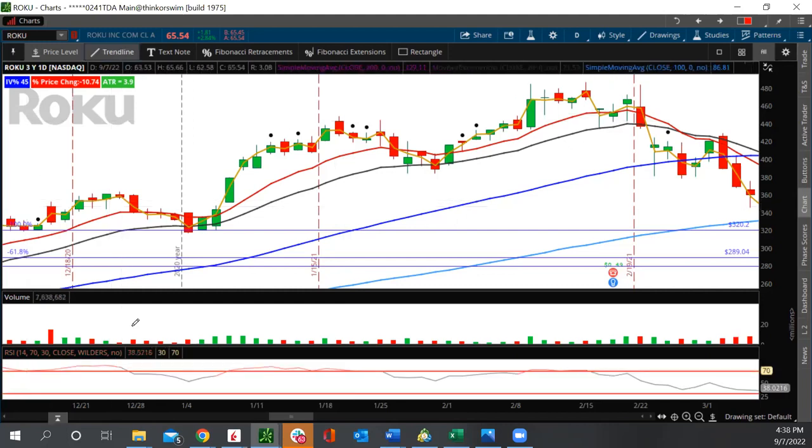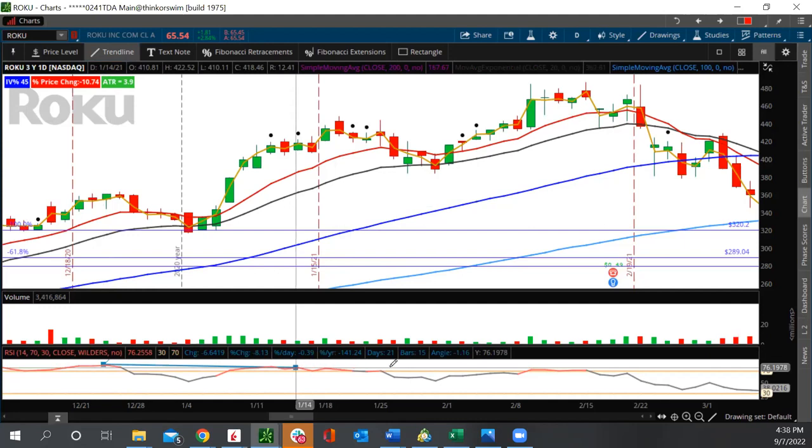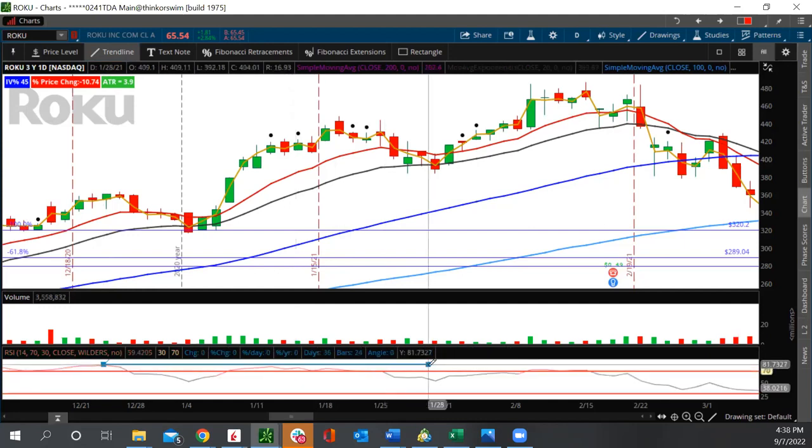If you do a trend line here, go from the high of this level of the RSI, and you go over, it might be hard to see, but that is actually slightly down.